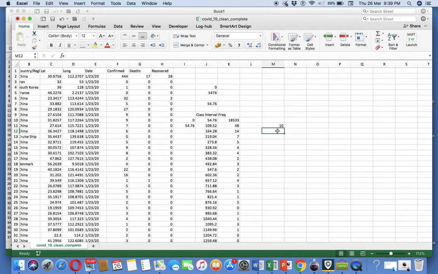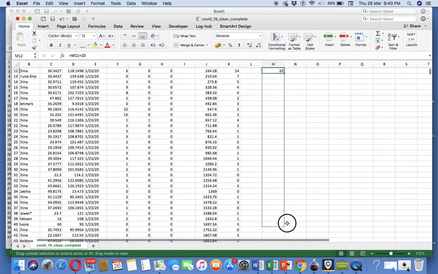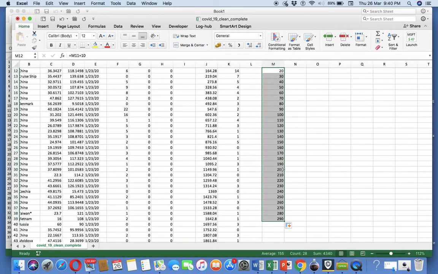Then equal to this plus 10, 20. I'll drag it up till maybe 200. And anything more than 200, I will consider as my class interval.